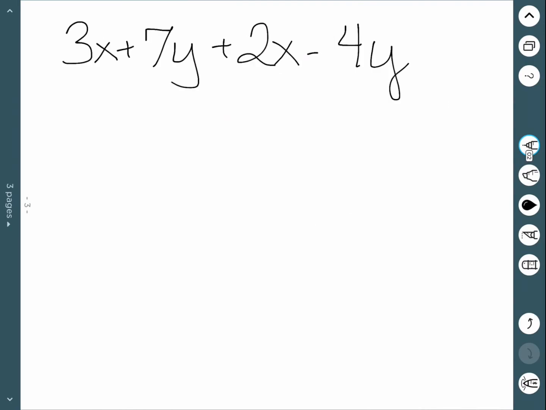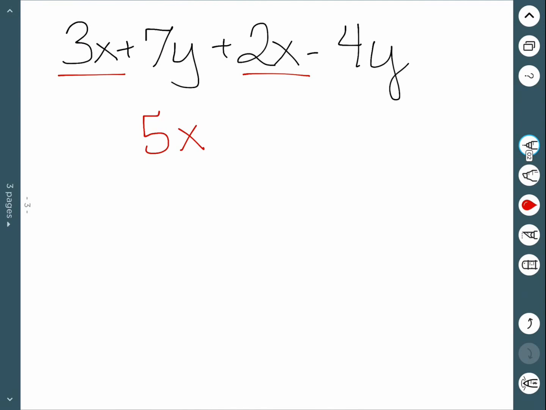Let's consider this example. My last one had 2 x's, however this time we have x's and y's. And the key is to start individually. Let's start with the x. I have a 3x and a 2x. And the distributive property then just lets me add those numbers in front. 3 plus 2 is 5.